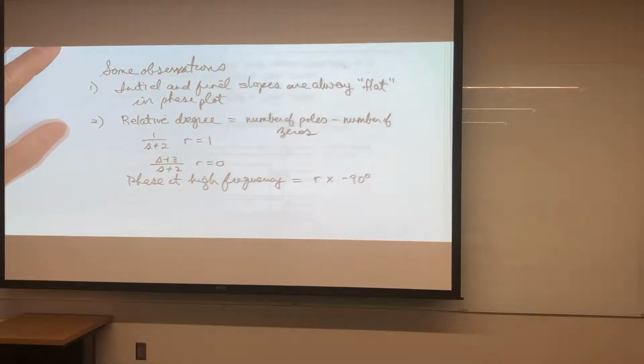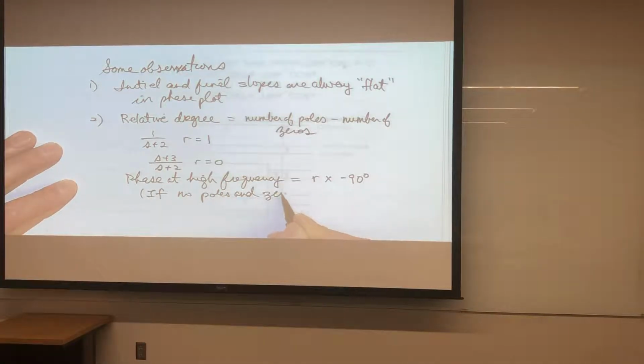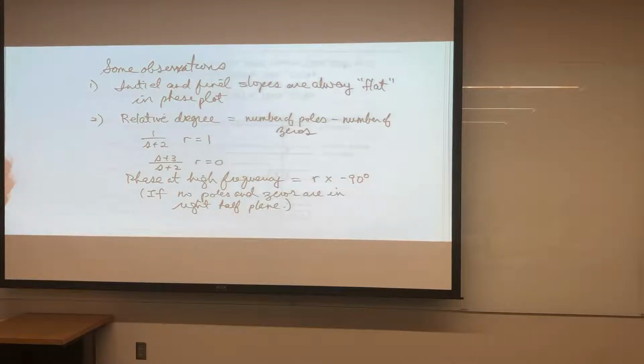Now this observation is true for the case where we have no poles and zeros in the right half plane. Okay, no poles and zeros are in the right half plane.